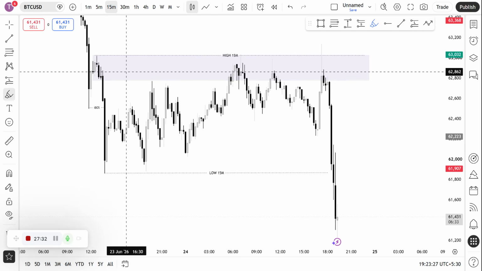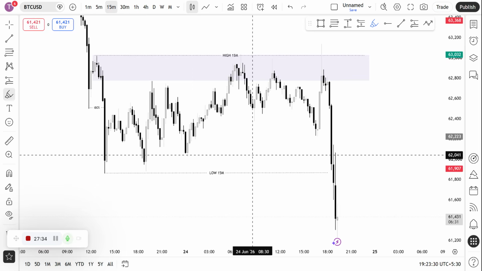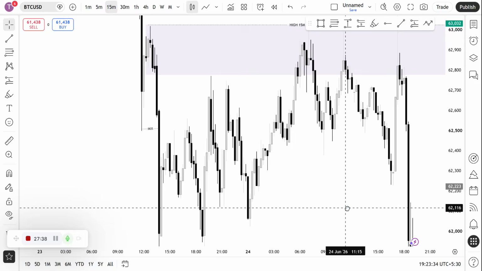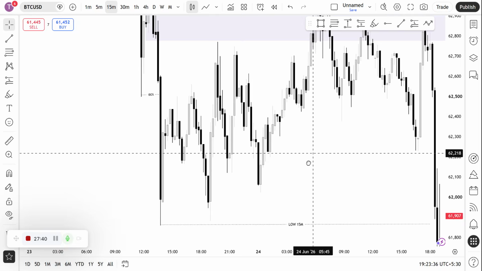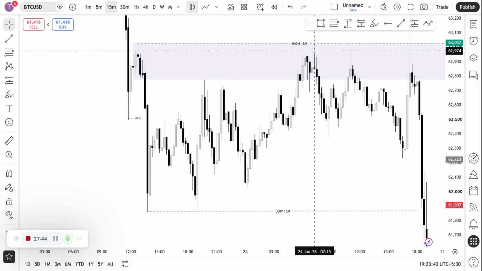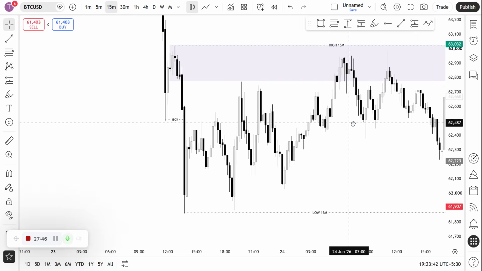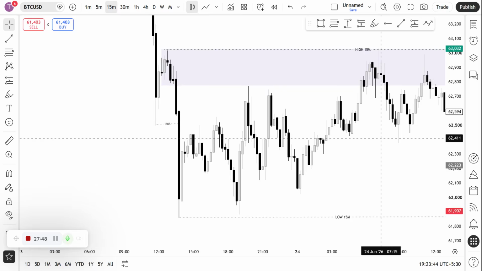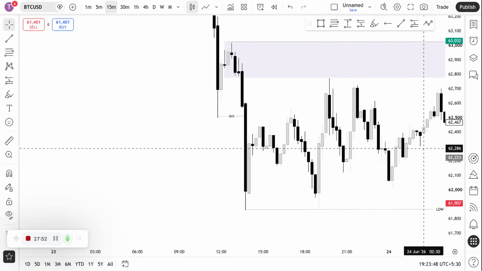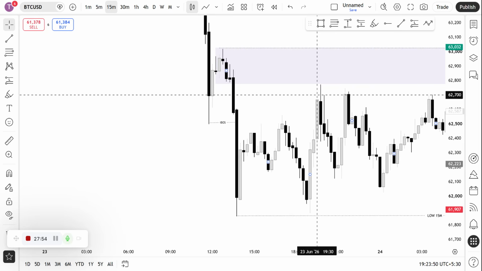I mark this whole thing like this, simple like that. So right now, I know for a fact that this is the 15-minute low, and this is the 15-minute high.